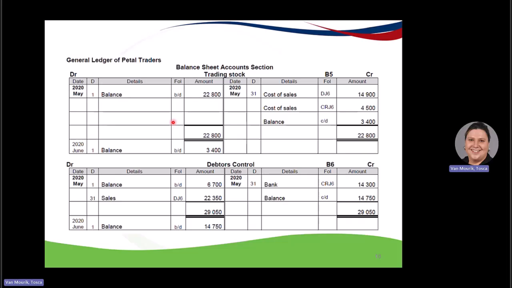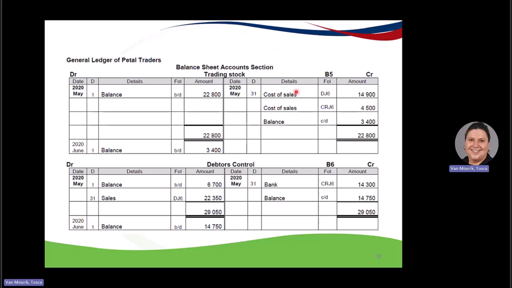But in this example, we only sold some of the trading stock. So on 31 May, we have to post it to our general ledger. There's the cost of sales, this is of the DJ6.